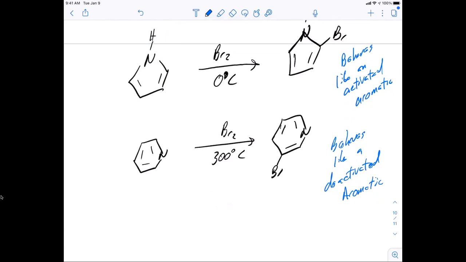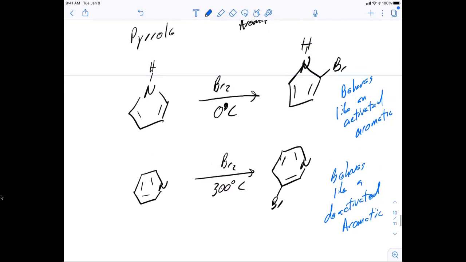Again, if we went through the mechanism, you'd see why this one forms in the 3 position versus a 2 position, which is very similar to a nitro-substituted benzene. Then we need much harsher conditions, again acting like a deactivated aromatic. There's not a lot in the chapter about this, but the takeaway is that one acts very much like an activated aromatic. You'll see this a couple of times in biochemistry mechanisms. Pyridine acts as a deactivated aromatic, but both do aromatic electrophilic substitutions.